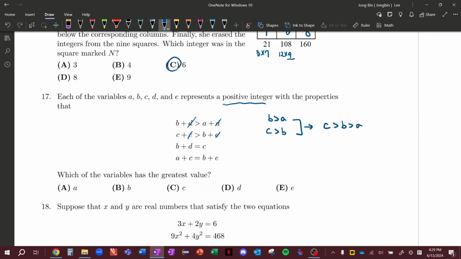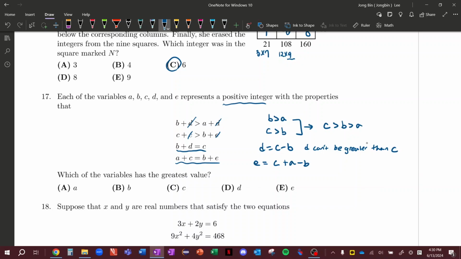And if we look, we know that d is equal to c minus b, and this automatically shows that d cannot be greater than c because we're subtracting b, a positive integer, from c, and that equals d. And if we look at the last one, a plus c equals b plus e, if we isolate e, then we get c plus a minus b.